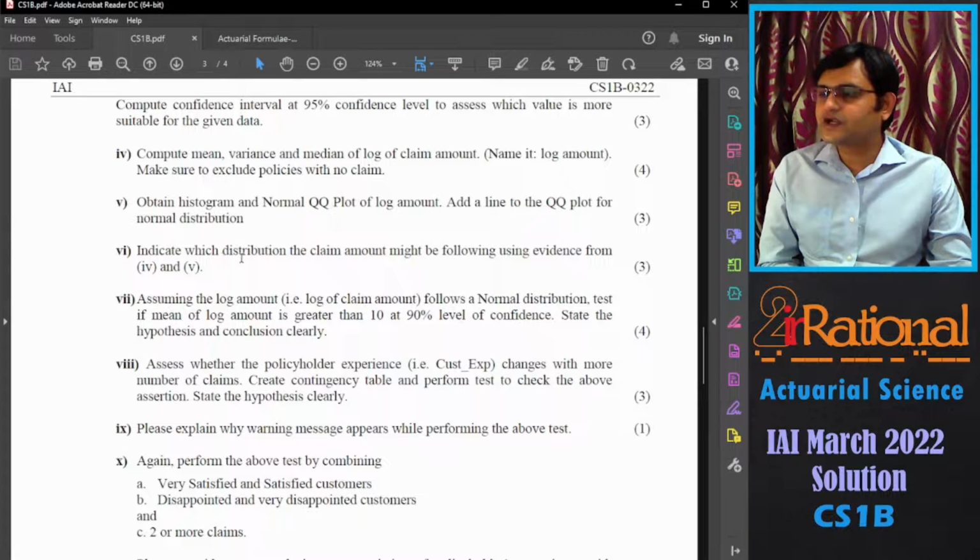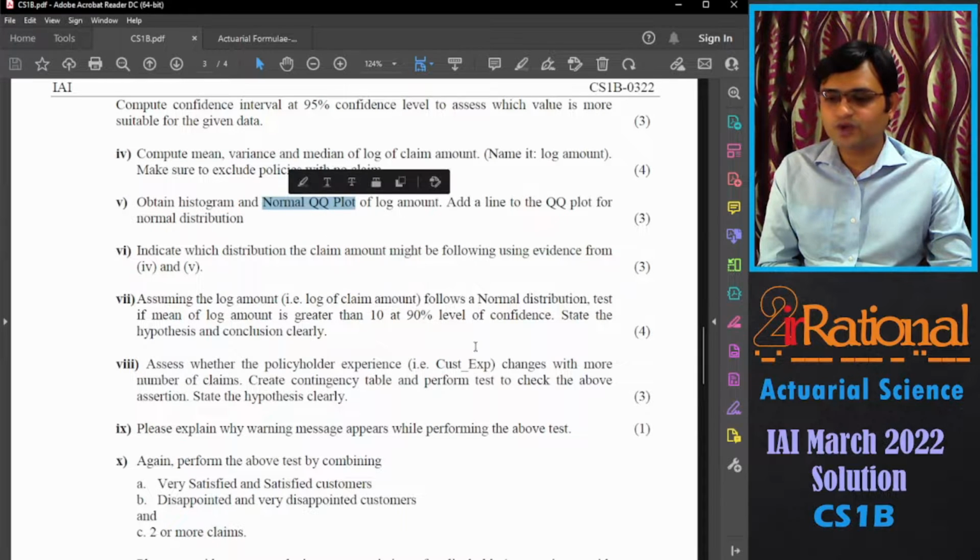Next part was: indicate which distribution the claim amount might be following using the evidence from 4th and the 5th. First of all, in the 4th, what evidence can we look for? We can look for the values of mean and median. And in the 5th, we can look for the histogram and normal QQ plot.